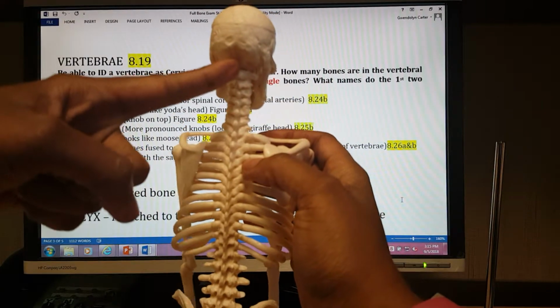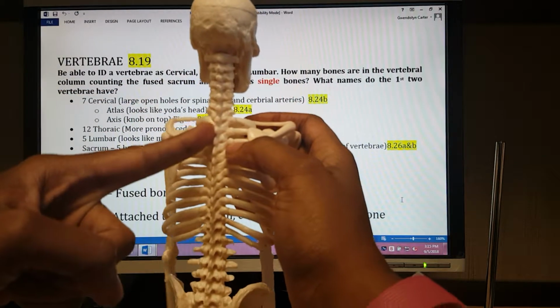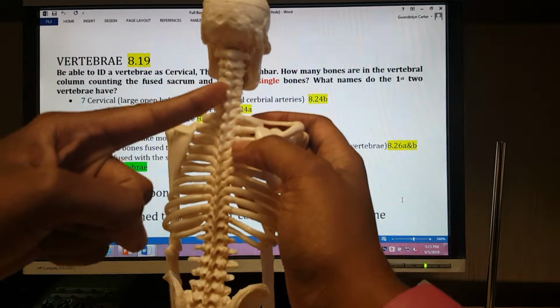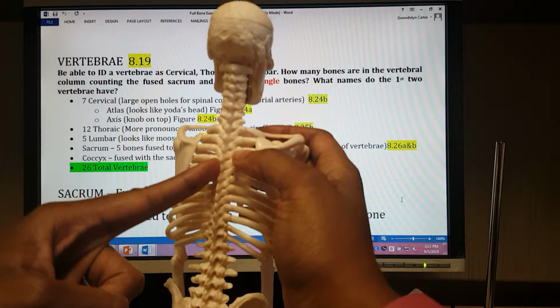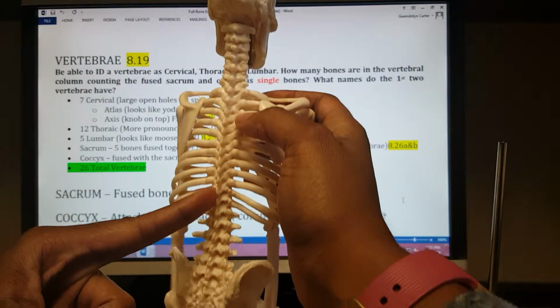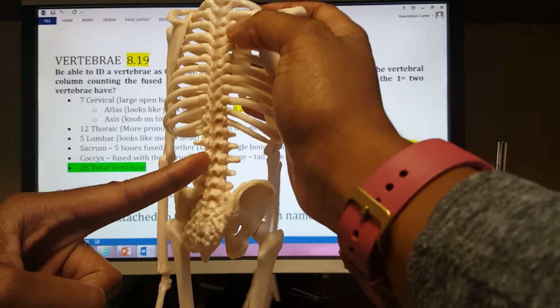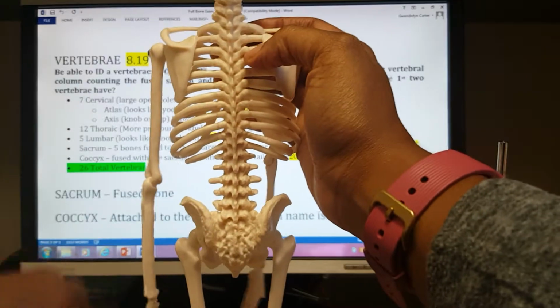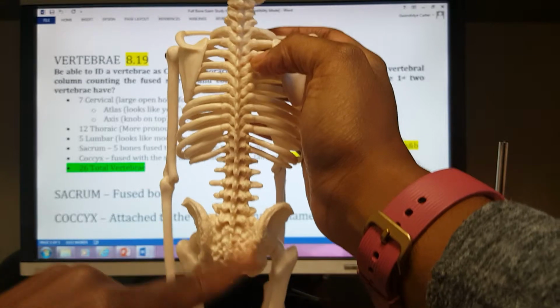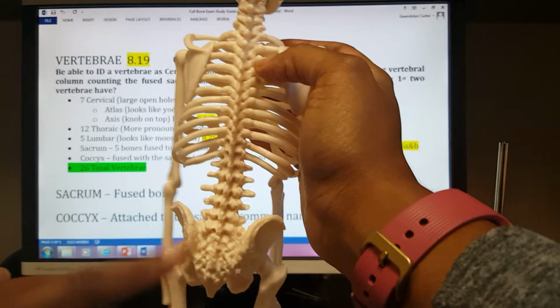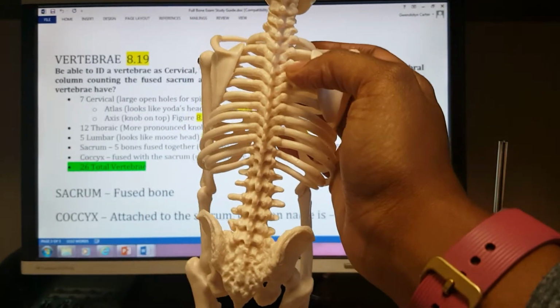As it moves down, it thins out a bit, enlarges a bit for the nerves for your arms, then thins out again, enlarges a bit for the nerves for your lower limbs, and then separates out into multiple nerves at the sacrum near the end.